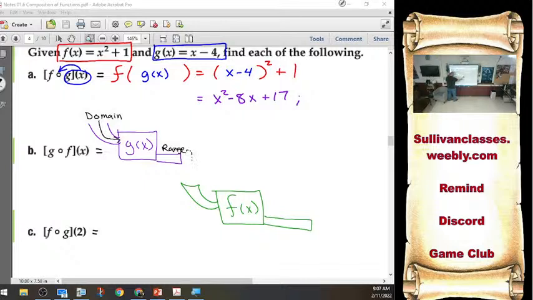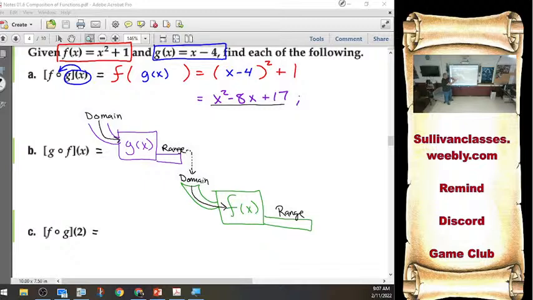So this is becoming the domain of f. And then chicken nuggets. So this right here is the composition of g and f together.